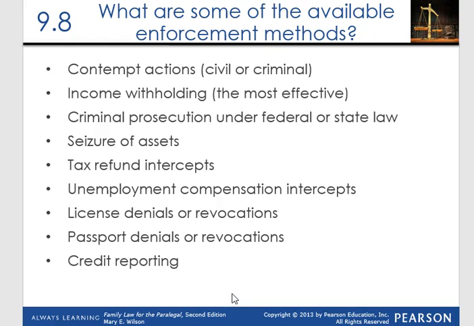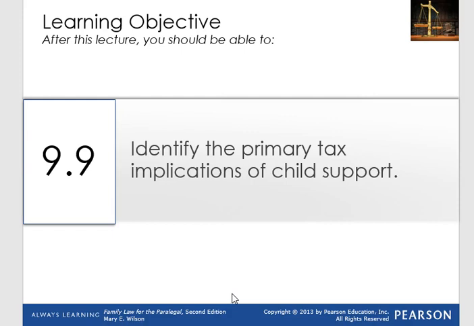Unemployment compensation intercepts, license denials or revocations, passport denials or revocations, and credit reporting. So they can deny or revoke or suspend professional licenses, driver's licenses, all in an effort to enforce these child support orders.